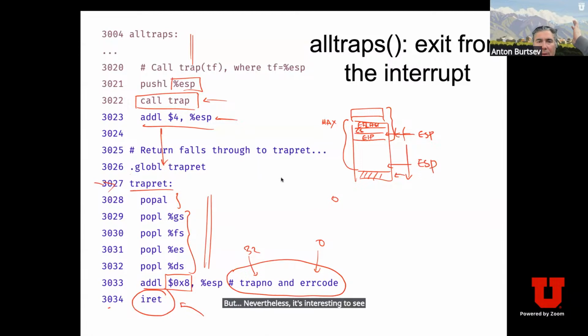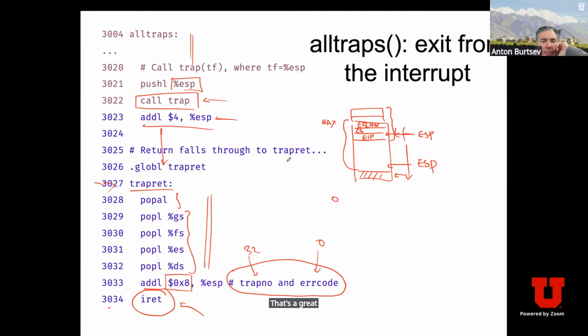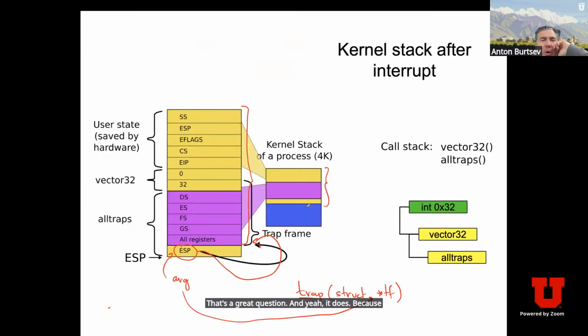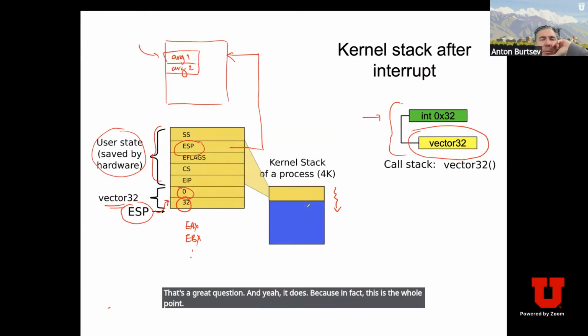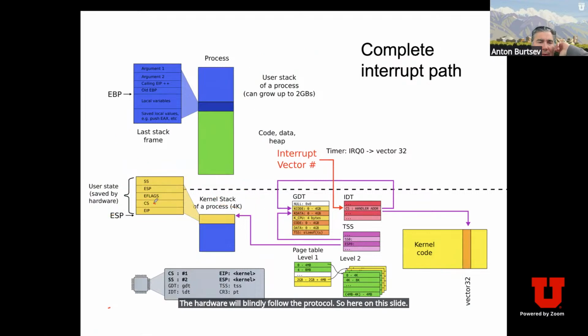Someone has a hand. Question, Ali? I have a question: does IRET also change the privilege level from 0 to 3? That's a great question. Yeah, it does, because in fact this is the whole point. The hardware will blindly follow the protocol. On this slide, this CS points to an entry in the global descriptor table.